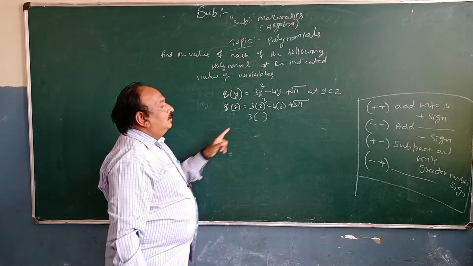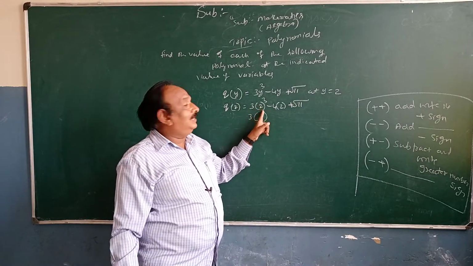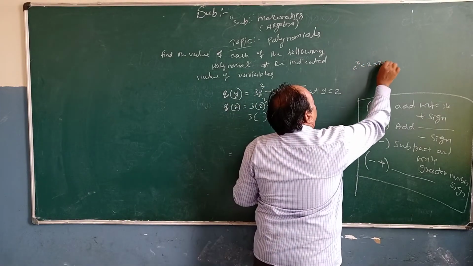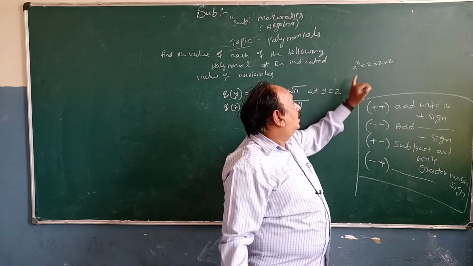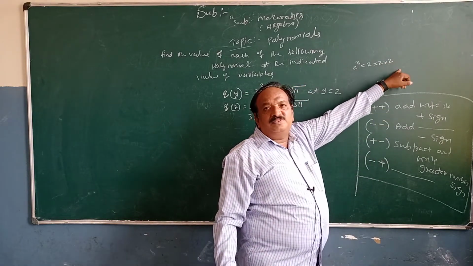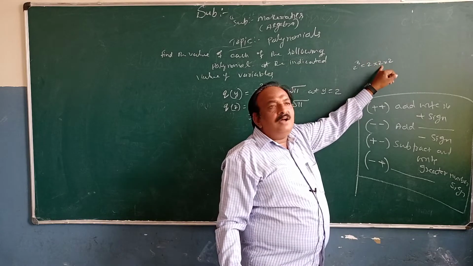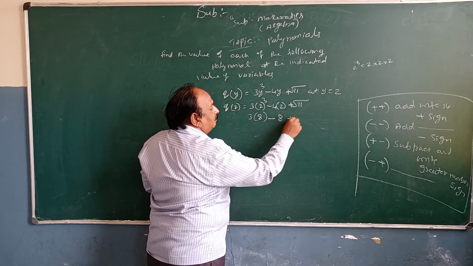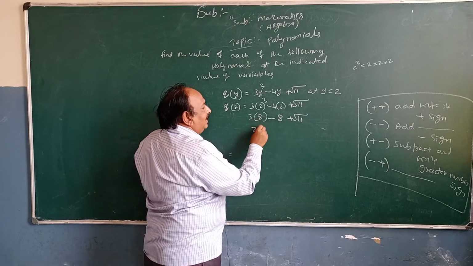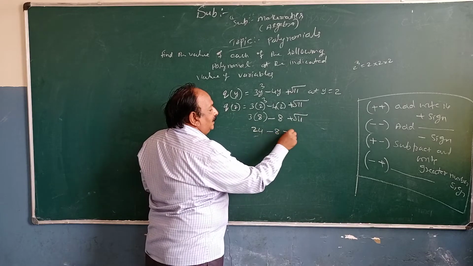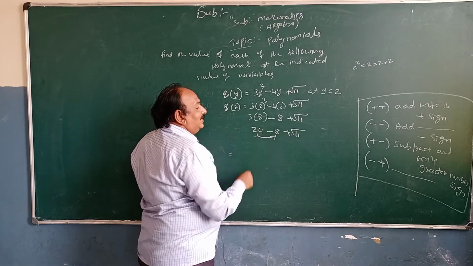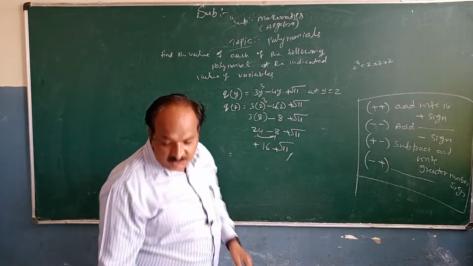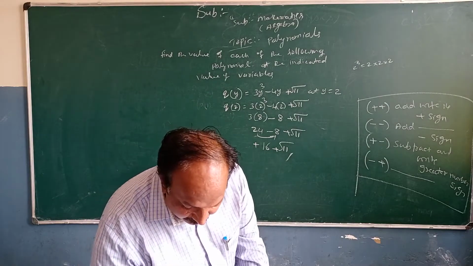So many students get confused. 2 cube is nothing but 2 multiplied 3 times. 2 2s are 4, 4 2s are 8. Minus 4 2s are 8 plus root 11. 8 3s are 24 minus 8 plus root 11. 24 minus 8 is 16, the greater number is plus, so 16 plus root 11.